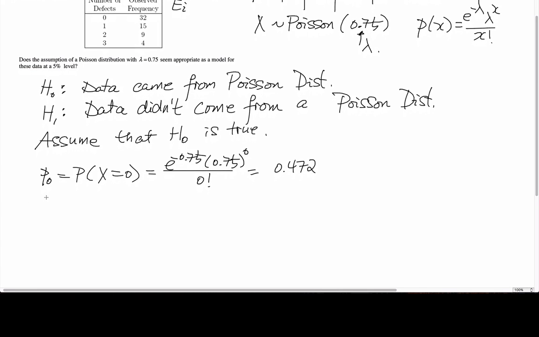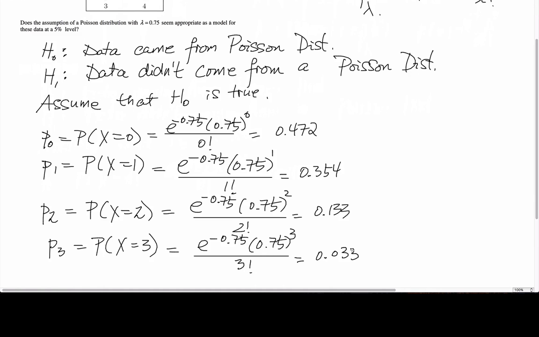And I'm going to fast forward here, guys, and solve all of these for you. Here we go. So again, had x followed a Poisson distribution with a lambda of 0.75, the probabilities of getting 0 defects, 1 defect, 2 defects, 3 defects would be these here. Using these probabilities, if I sample 60 circuit boards, I would expect to see E1 = np1, which is 28.32 out of 60.